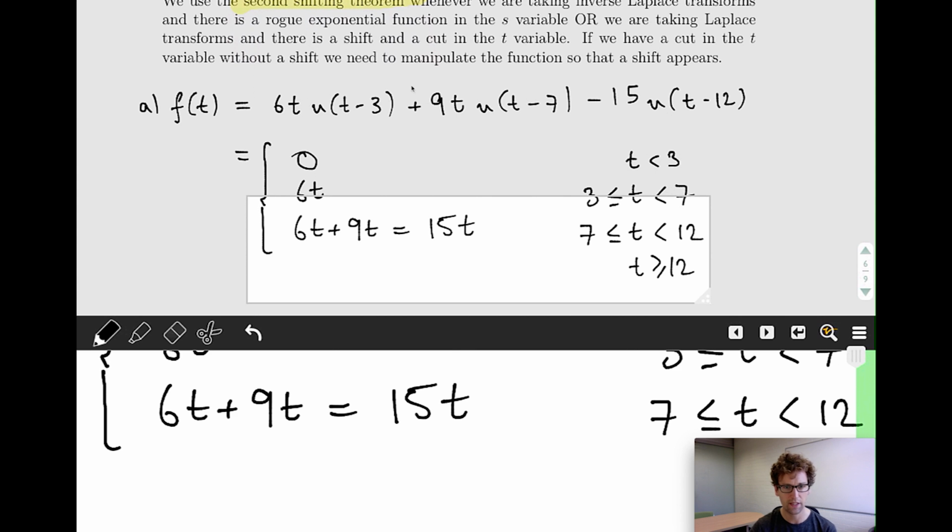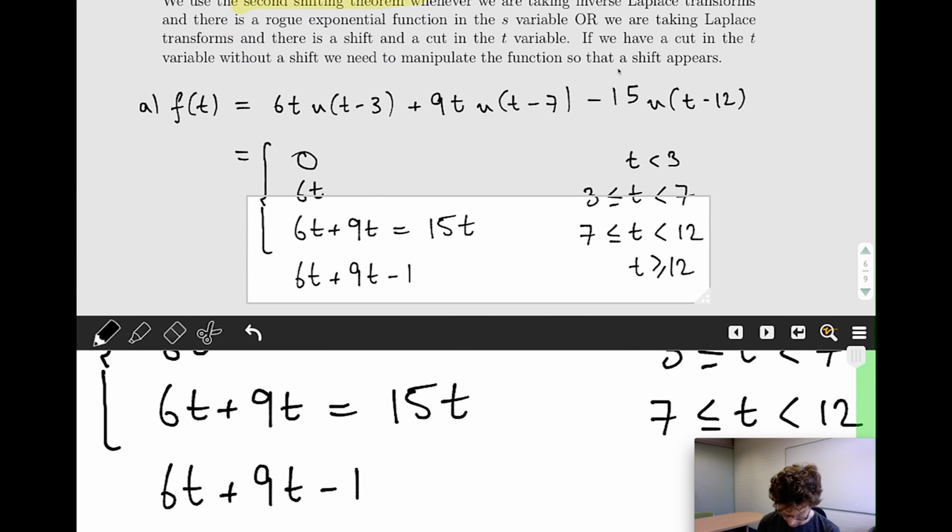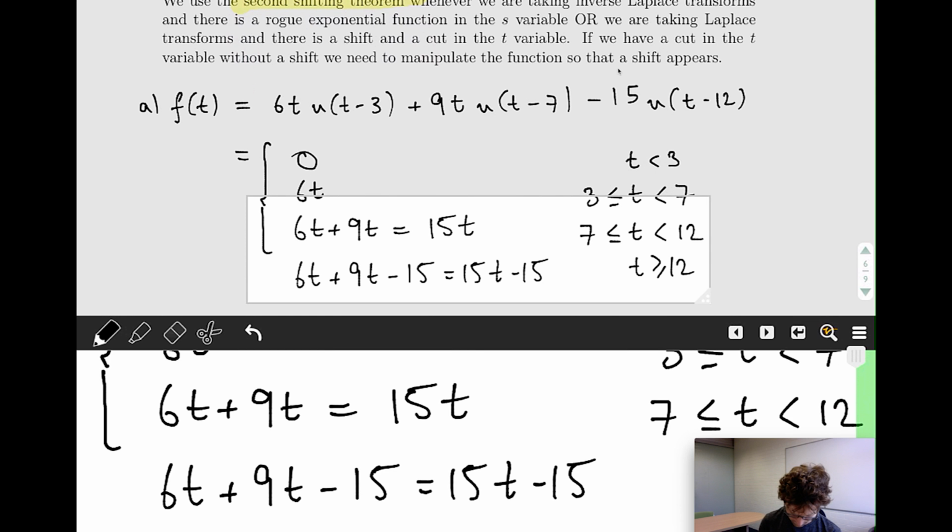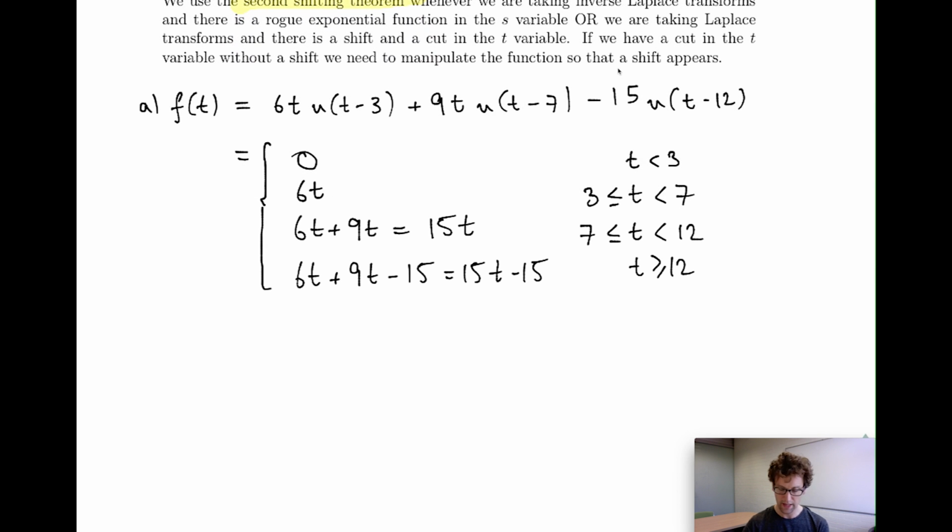And so I'm going to have 6t plus 9t minus 15, which is equal to 15t minus 15. So that's my function expressed as a series of piecewise continuous functions.